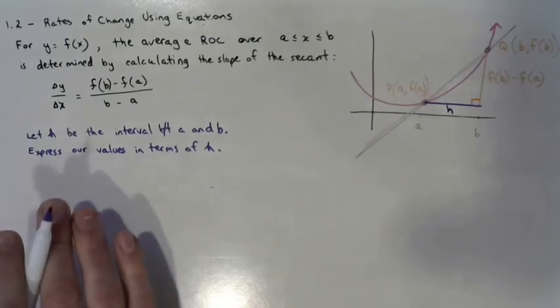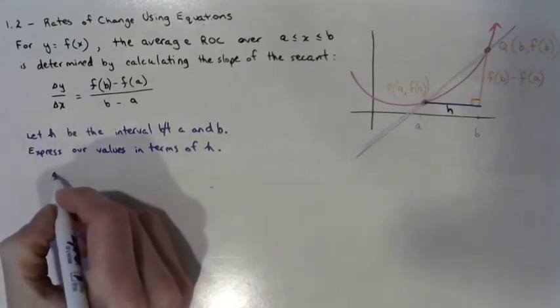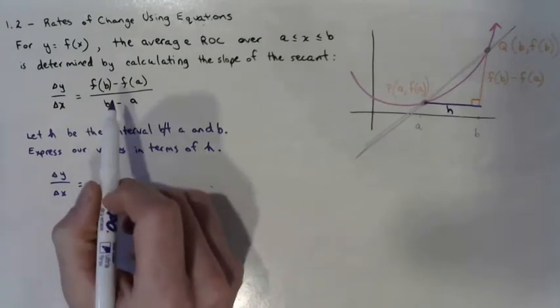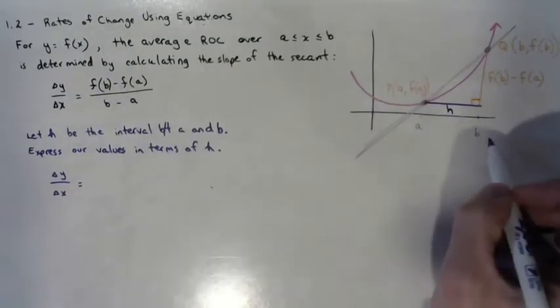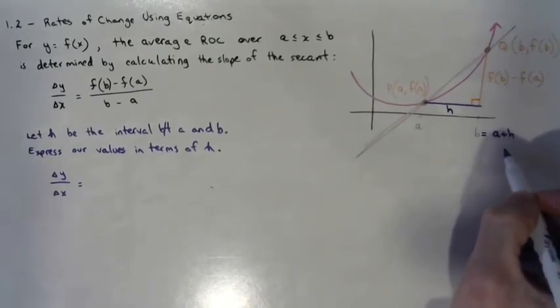It means we're going to take this exact same equation that we've already been working with, okay? But now, so let me copy it down, we've got the change in y over the change in x. But now instead of saying that we have the value of the function at b, b is actually going to be a plus h, okay?